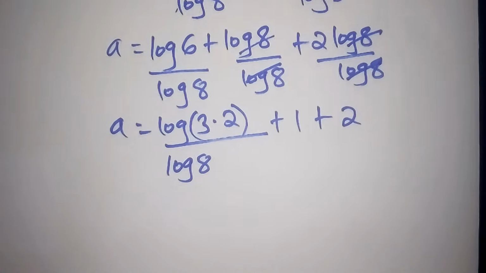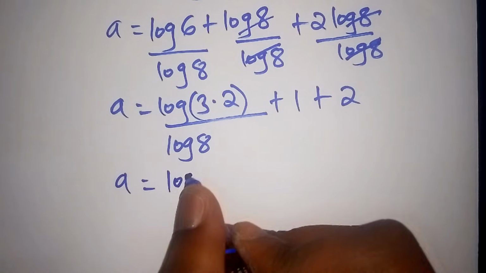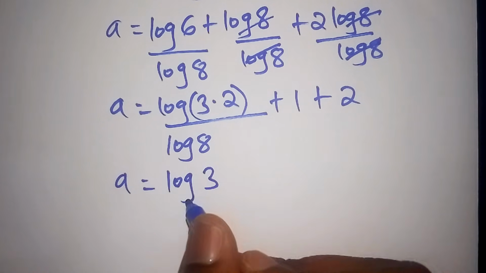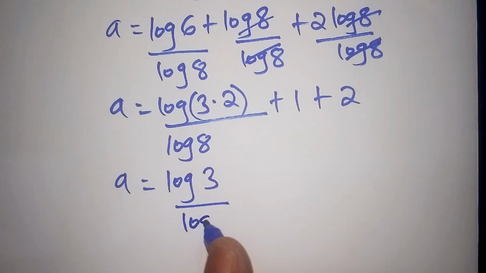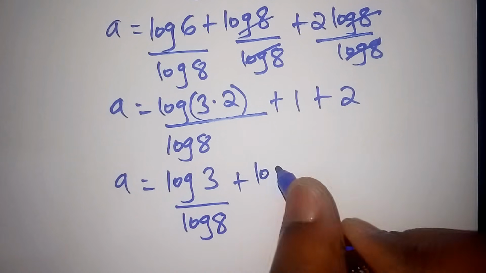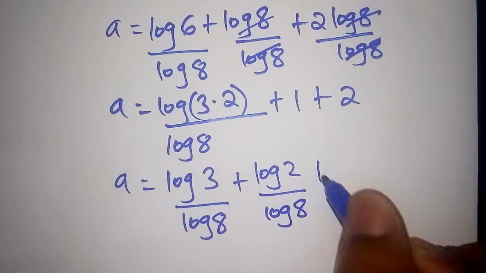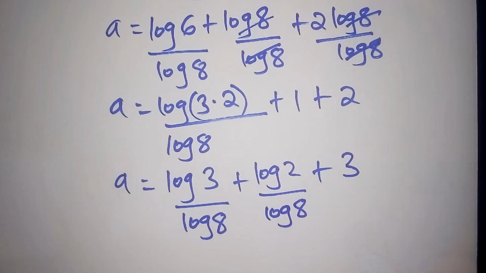So next we say that a equals the log of 3 all over the log of 8. Since it was a multiplication, we shall have plus the log of 2 all over the log of 8, plus 2 plus 1 which is 3.